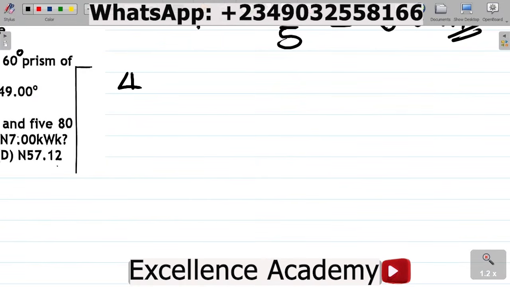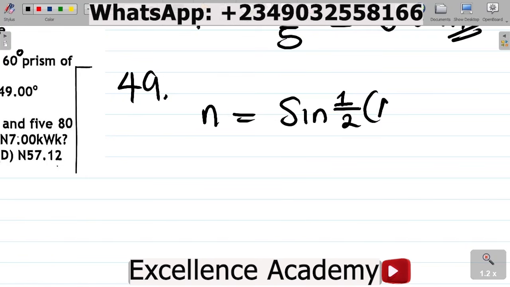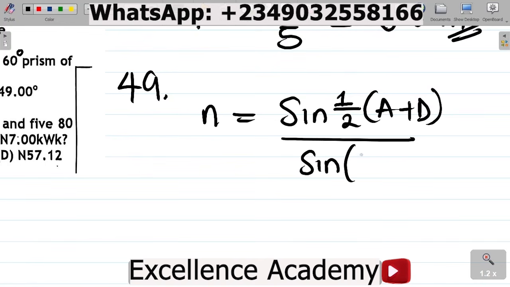Now for 49, you want to recall the formula for refractive index. For a triangular prism, the refractive index n is equal to sine of half of (A plus D) all over sine of half of A. So what we have here is the formula for calculating refractive index.